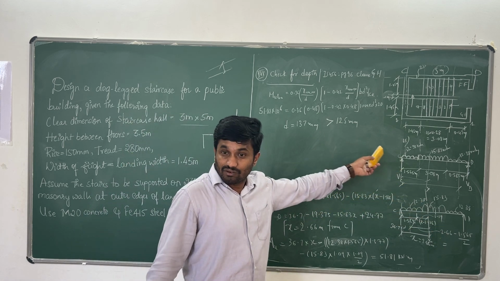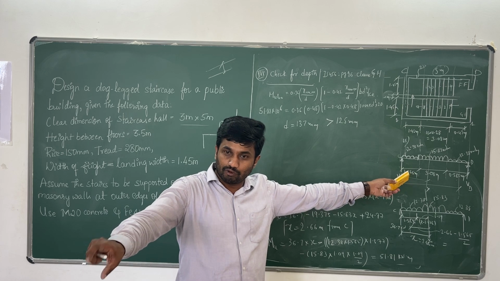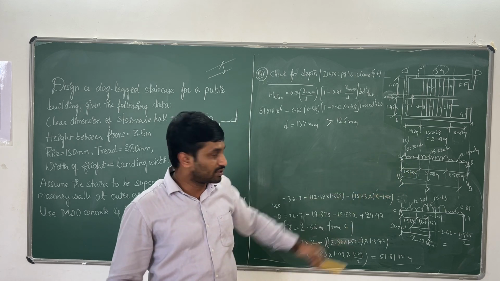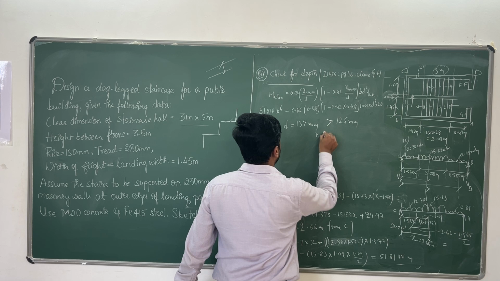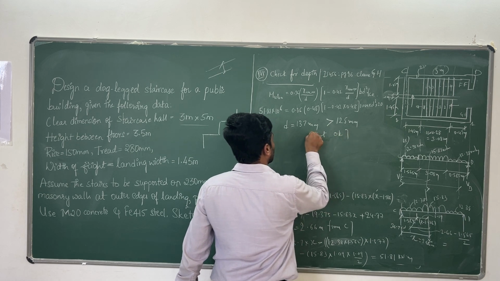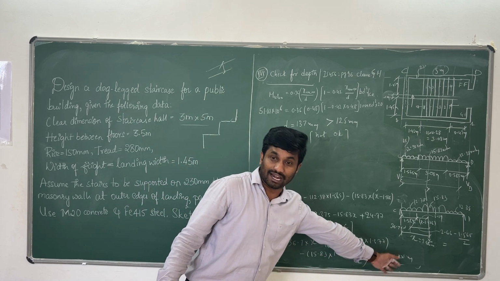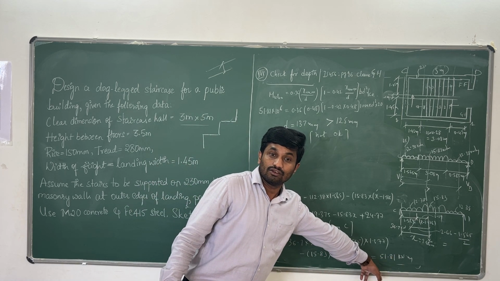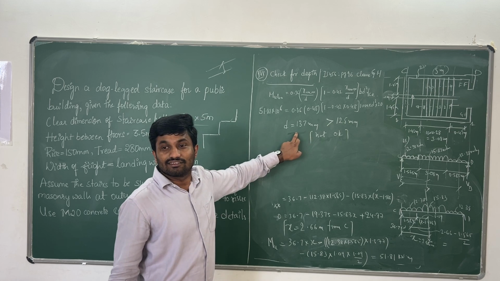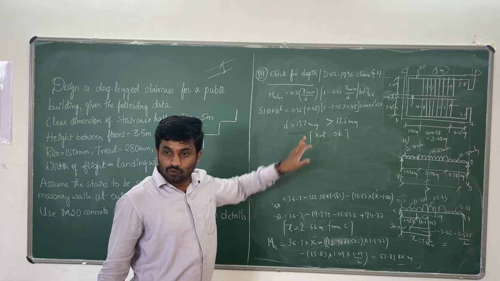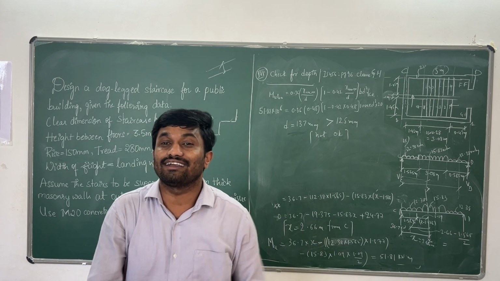But we assumed 150, then the effective depth will become 125. So this is not okay. Because for the actual moment, you must give the thickness. Effective depth is 137.